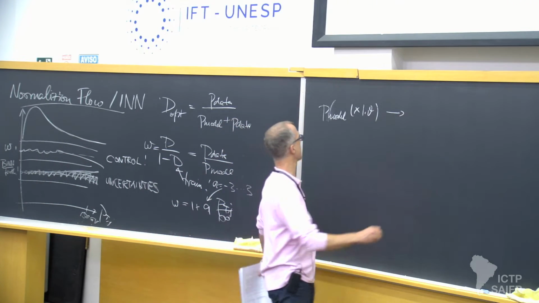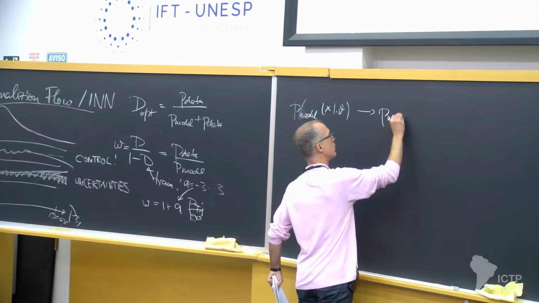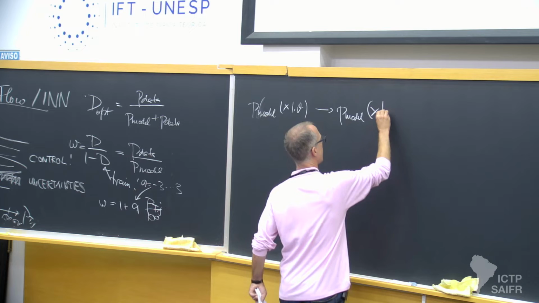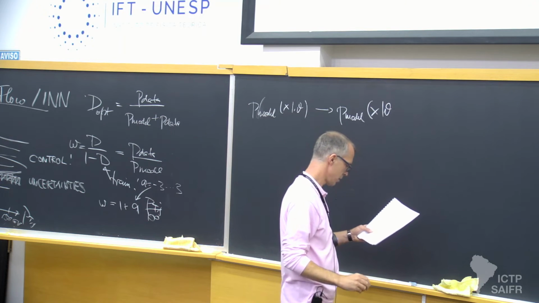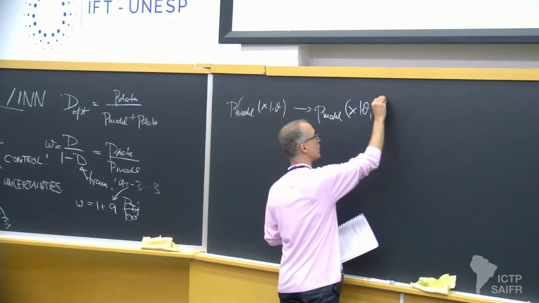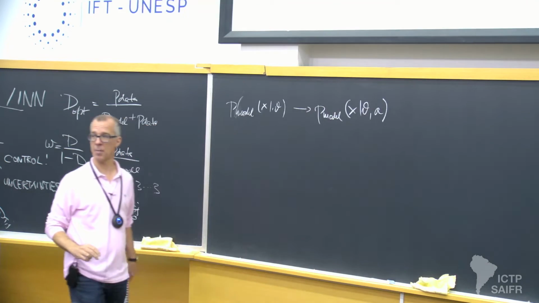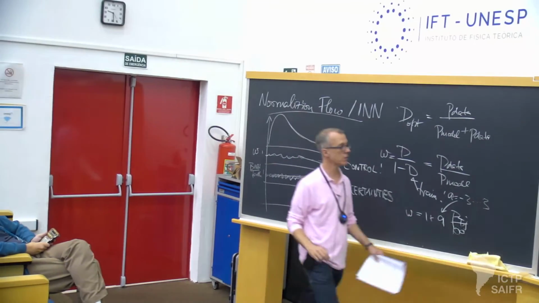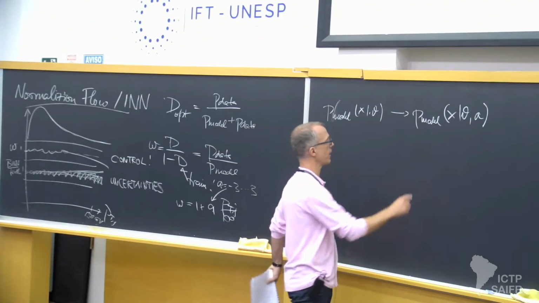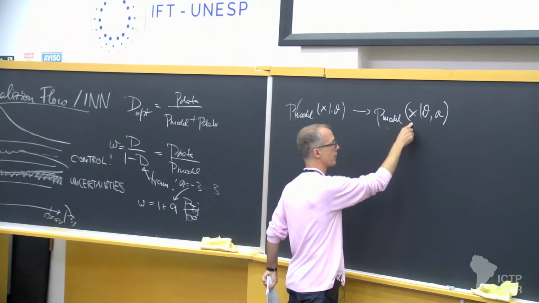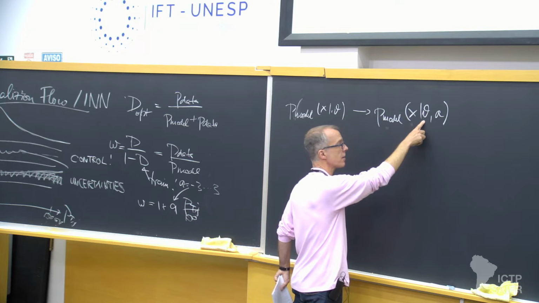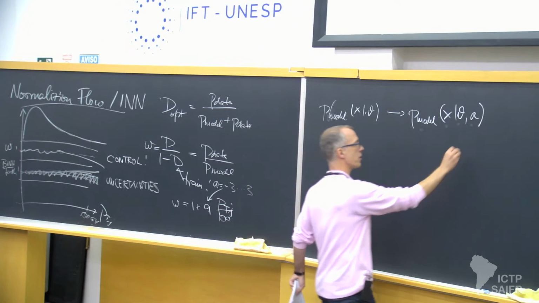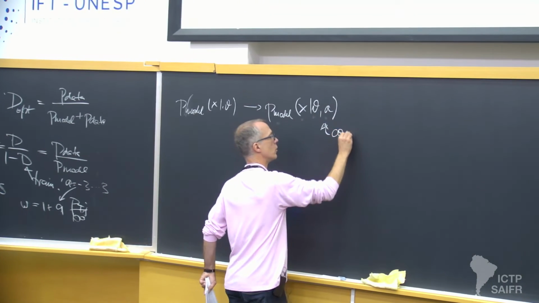So you're replacing your model density by P model of x given theta and A. I'm giving A to my model, and then I get a phase-space distribution as a function of x given my network parameters and given this parameter A. So you're introducing this thing as a condition.